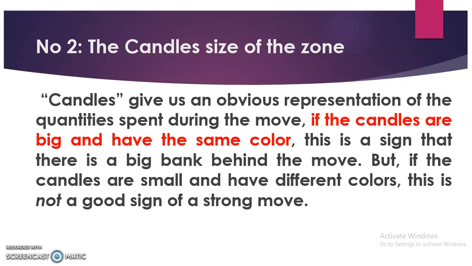So when you see candles that are small and have different colors, probably a bearish candle followed by a bullish candle having small bodies like that, it's telling you that that is not a good sign of a strong move.